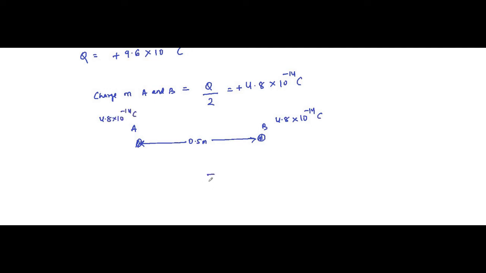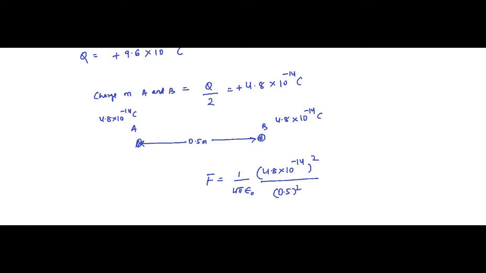So now the force will be 1 by 4 pi epsilon 0, 4.8 into 10 to the power minus 14 whole square, because they are equal, QA QB will be the square of this much, divided by 0.5 whole square.